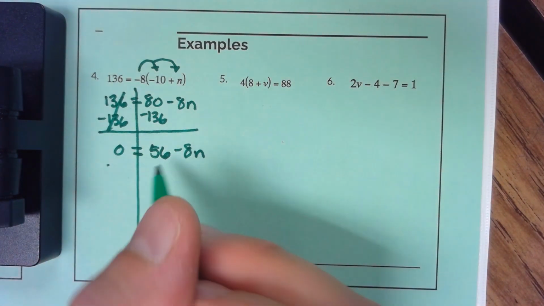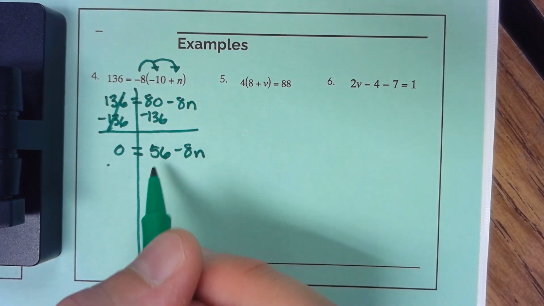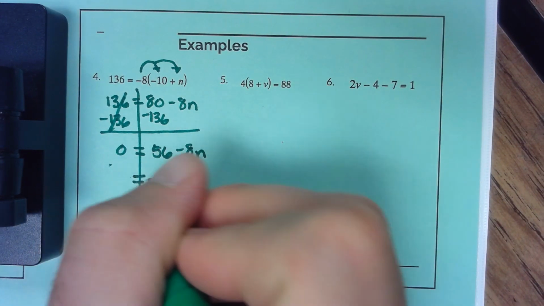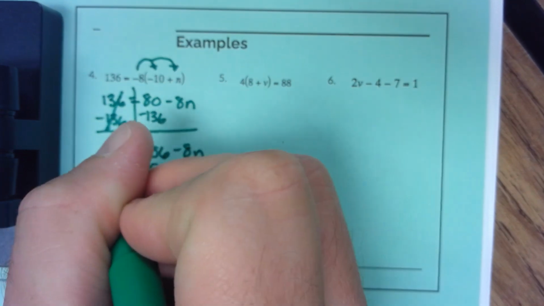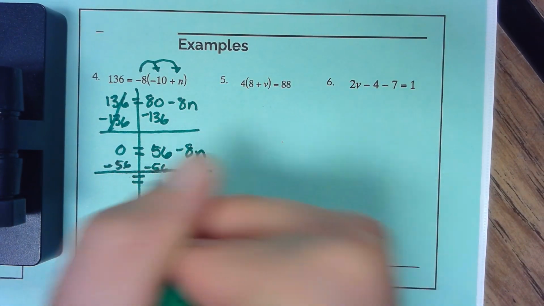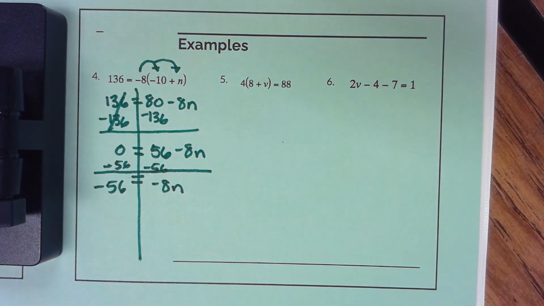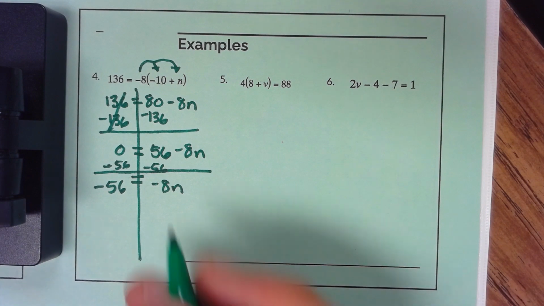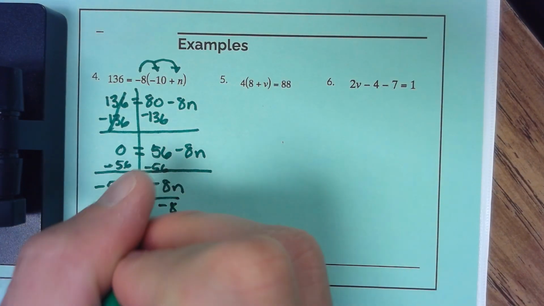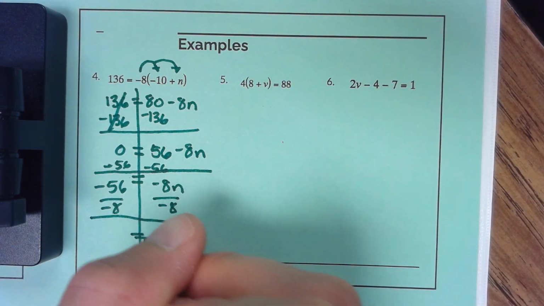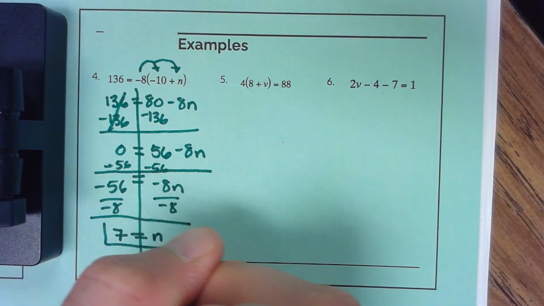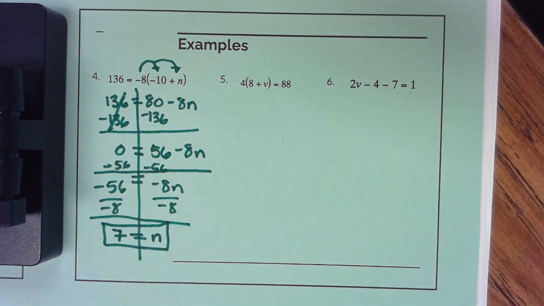Now that we have the left side to be 0, I can go ahead and subtract 56. So negative 56 equals negative 8n. And then to get n by itself, you need to divide by negative 8. So n equals 7. So for the most part, exactly what we've been doing besides the simplifying beforehand.